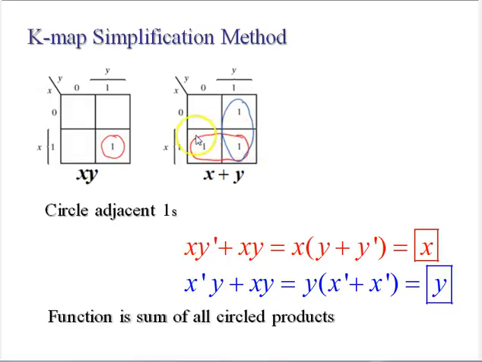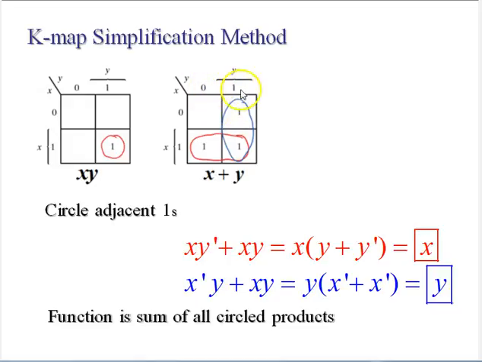So if we circle the adjacent ones in our x equal to 1 column, we see that algebraically we have xy prime or xy for the two minterms. We pull out the x, we have x and y or y prime. Well, that's just equal to x. So when we do this circling, if y changes from 0 to 1, we're not going to include that.